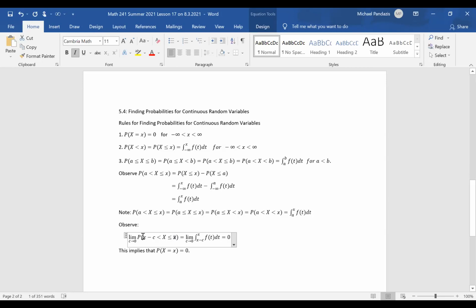And so the probability of capital X being the only value in this limit, little x, the probability of capital X equal to little x, is equal to 0. So the thing on the left of this equal sign, this limit, is this probability, and it's equal to 0.